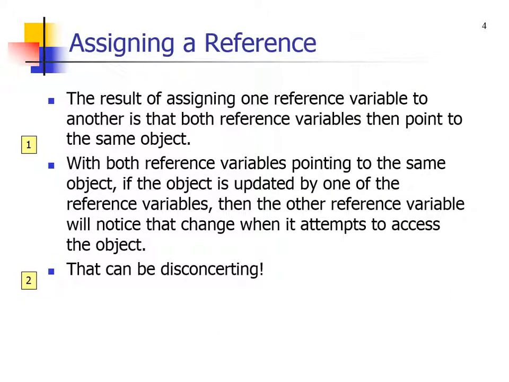So what are we going to do? Well, the result of assigning one reference variable to another is that both reference variables will point to that same object, right? Correct? Pretty simple. But with both reference variables pointing to the same object, if one is updated, the other is going to be updated, right? How many of y'all have ever heard of the hard link in Unix Linux?